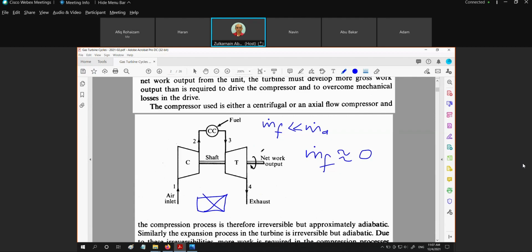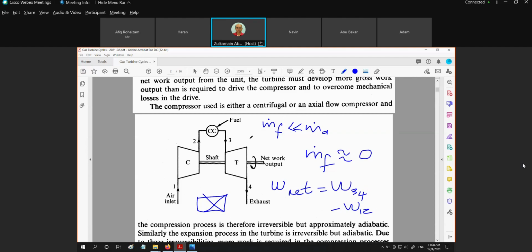This plant is self-sustained, meaning that part of the work from the turbine is going to run the compressor. The rest is the W net, whereby W net is equal to W turbine, W34, minus the W for the compressor, W12.